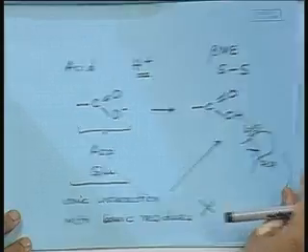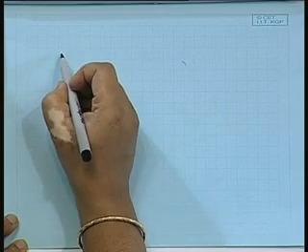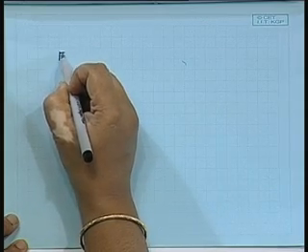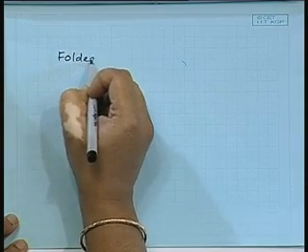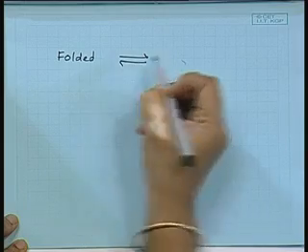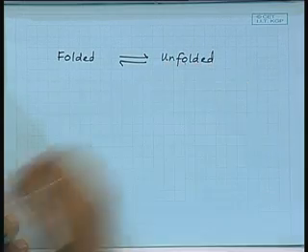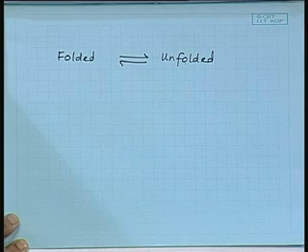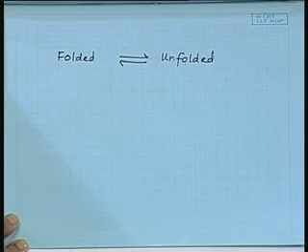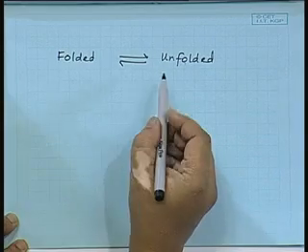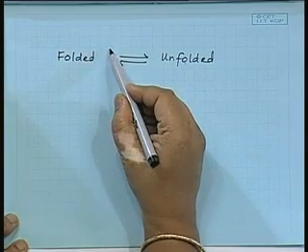So what we can do is go from a folded form to an unfolded form by denaturing the protein. You can also, what is called, renature the protein in some cases. So, say you added urea.